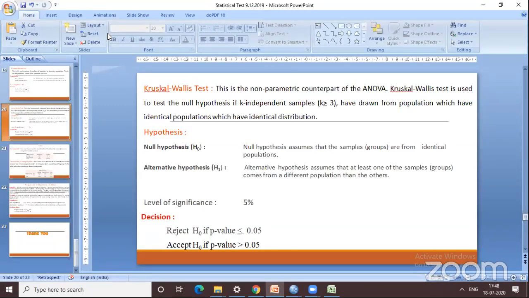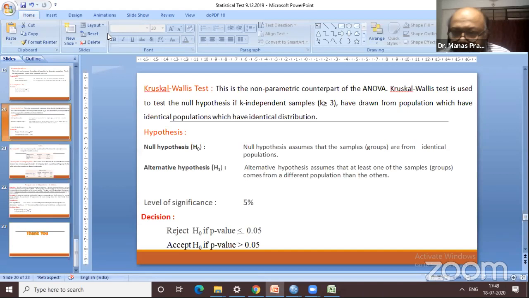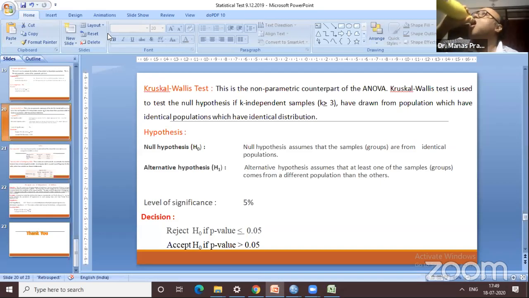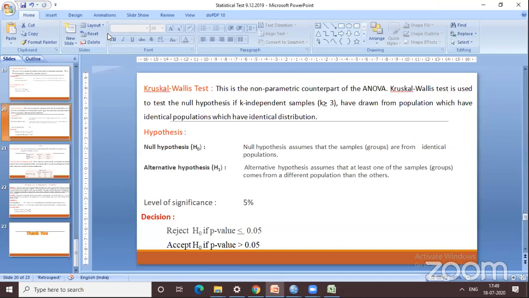If you have any query, please type in the chat box so that we can read it out to the sir.